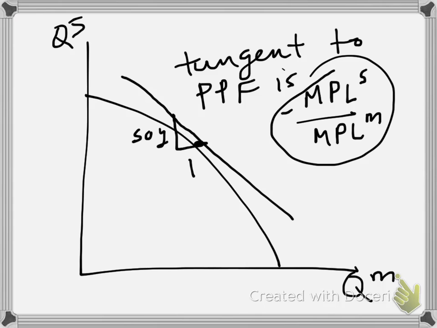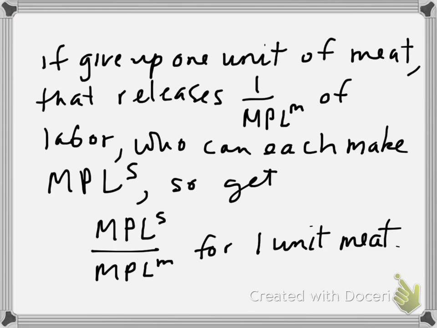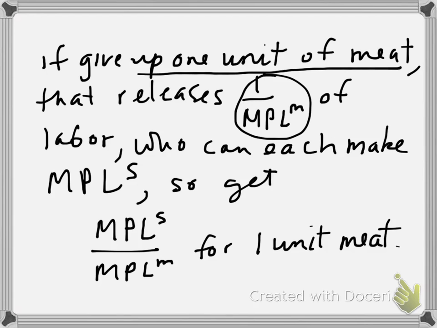One way to think about that slope is to imagine that you give up 1 unit of meat in the country. How much labor then is available? It takes 1 over MPLM, the marginal product of labor in the meat sector, to make 1 unit of meat.